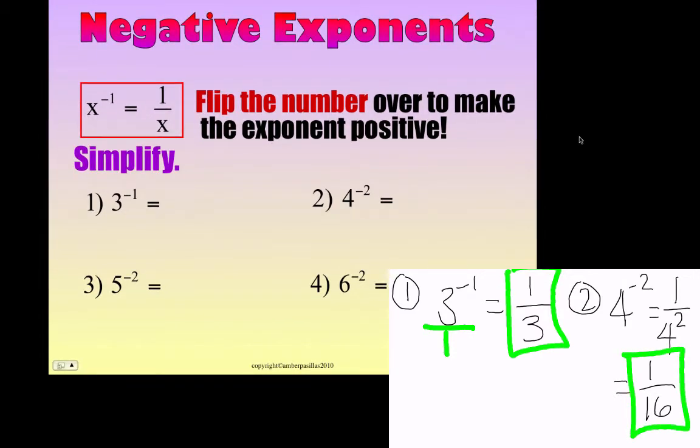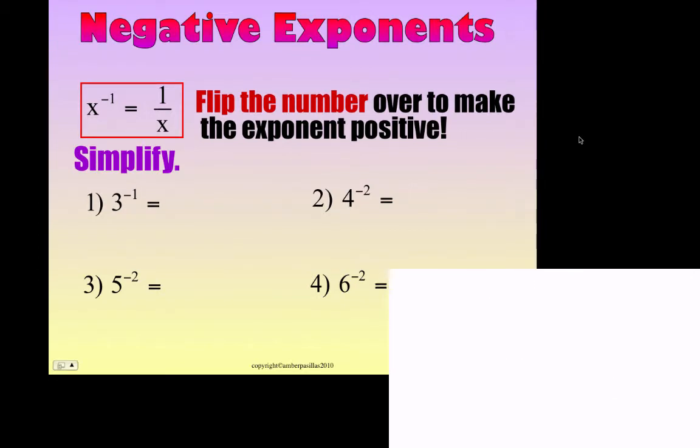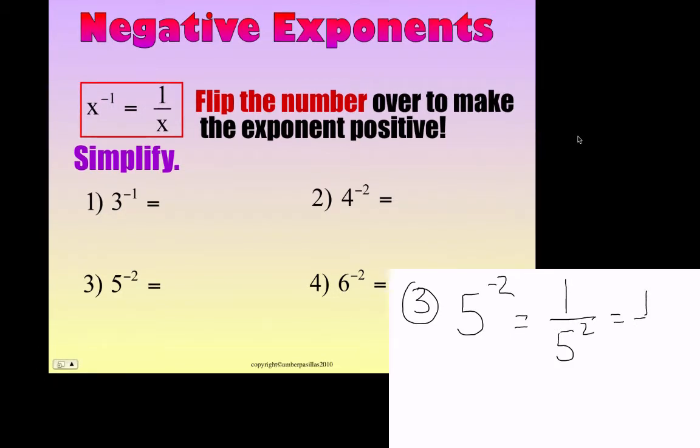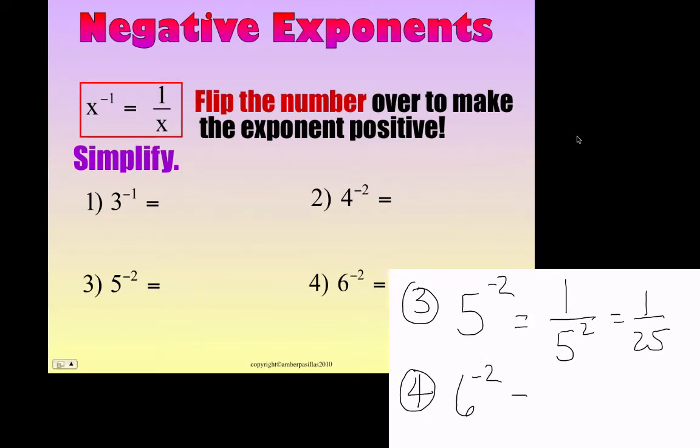And then number 3 is 5 to the negative 2. Hopefully you already know that this is going to end up being 1 over 5 squared, which is 1/25. And then number 4, 6 to the negative 2, we're going to do the same pattern. 1/6 squared, which is 1/36.